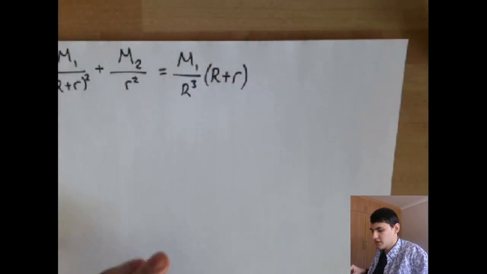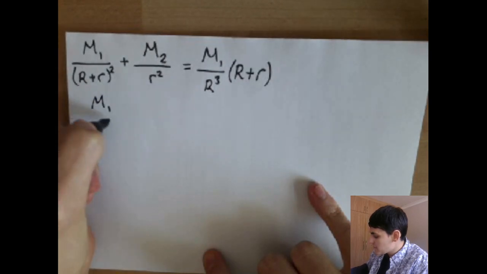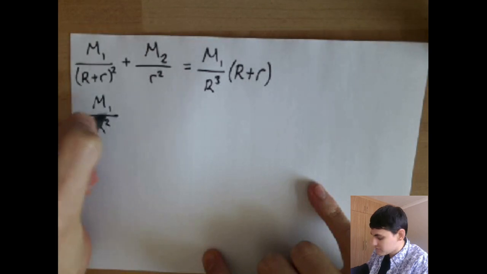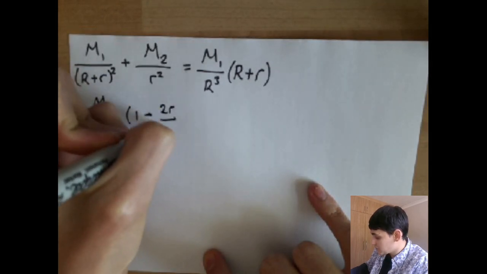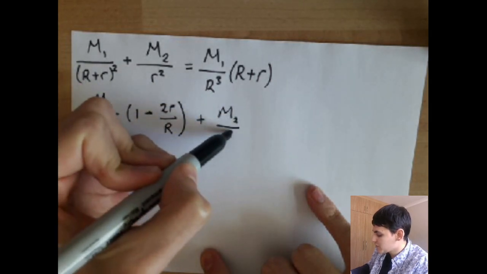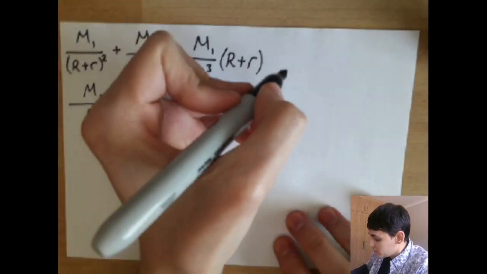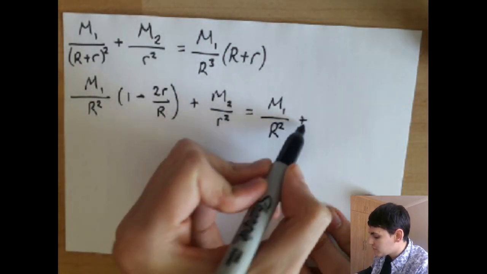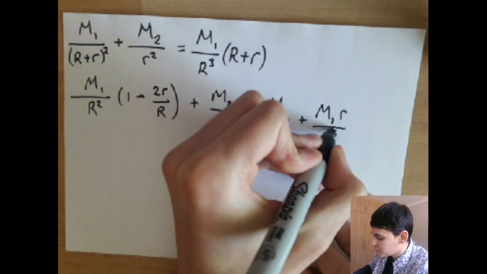Okay, so we have got big M1 over R squared multiplied by 1 minus 2 little r over big R, okay, plus M2 over little r squared, and that is equal to big M1 over R squared plus M1 times little r over big R cubed.